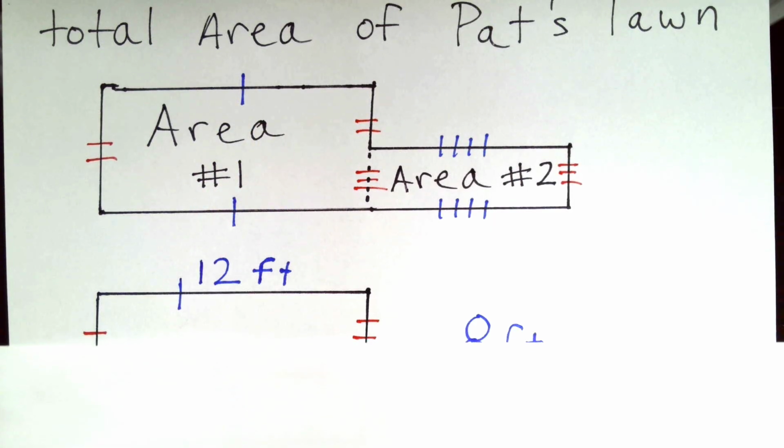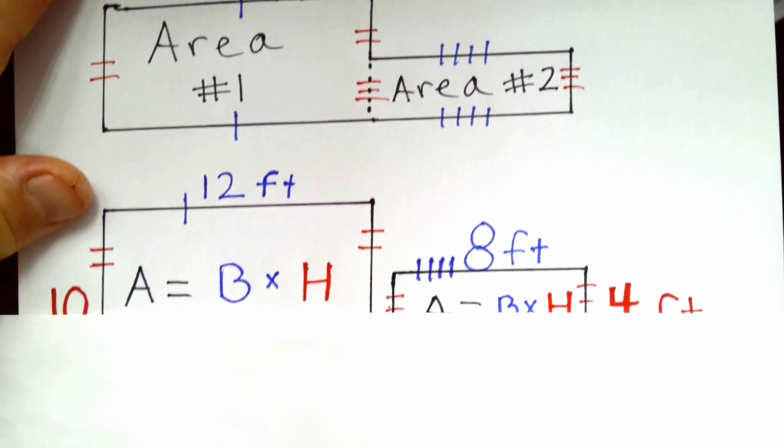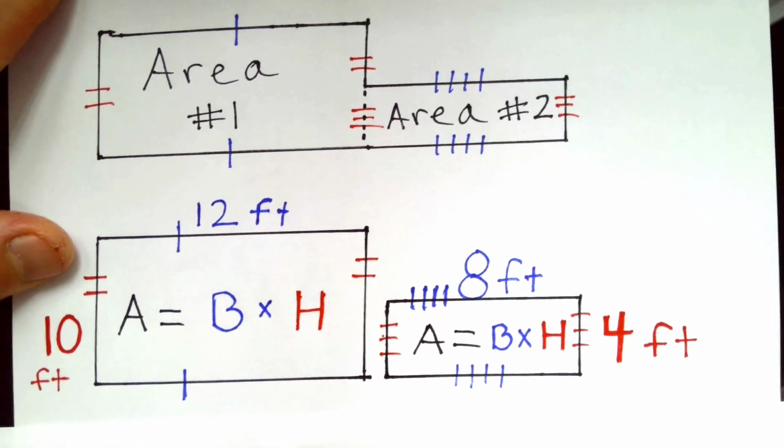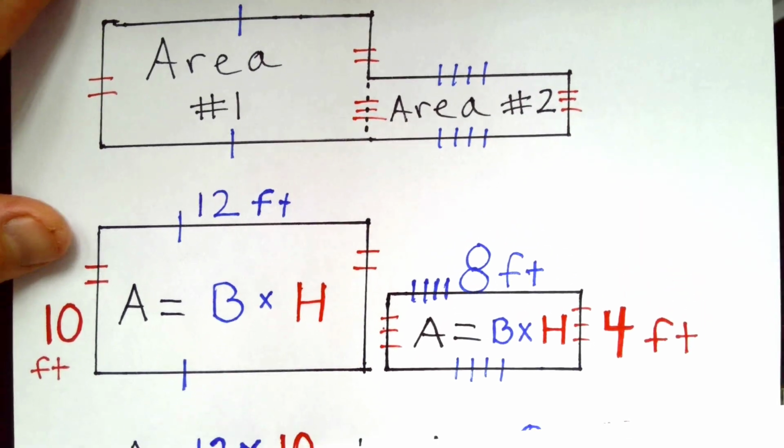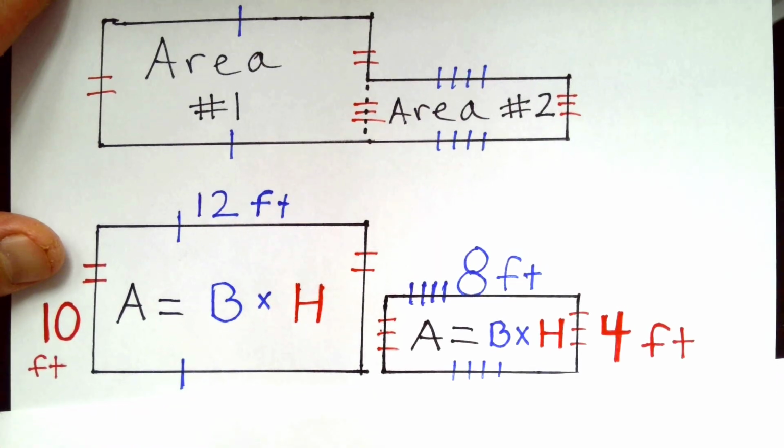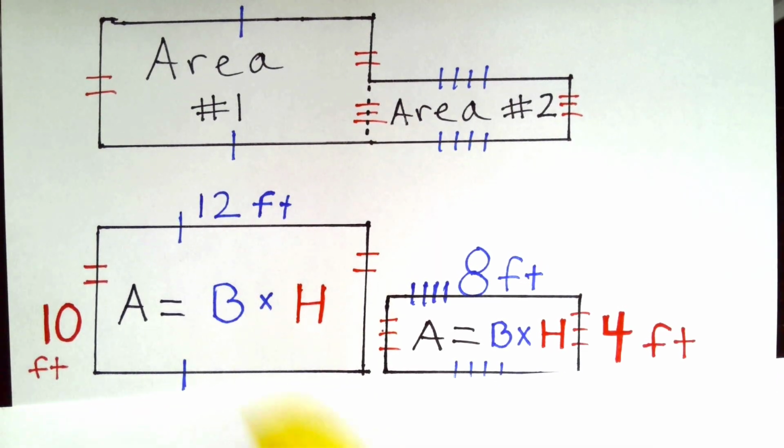So what we want to do is finish off the labeling. I want to keep that there and show that to you, to make sure it's all crystal clear. If the length here is 12 feet, what's the length here going to be? It's also going to be 12 feet. Sides opposite are equal to each other. If the length here is 10 feet, then the length here is going to be 10 feet.